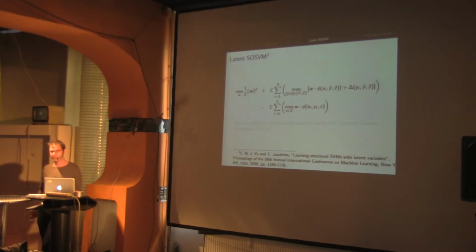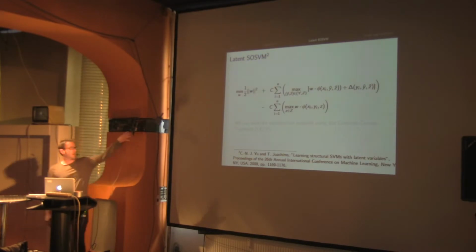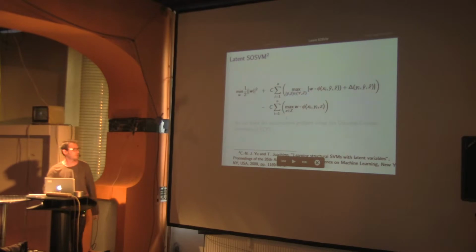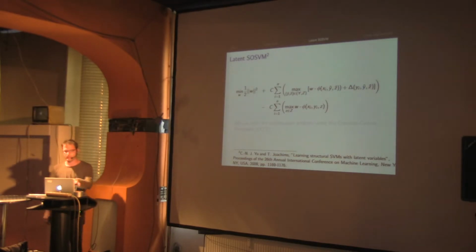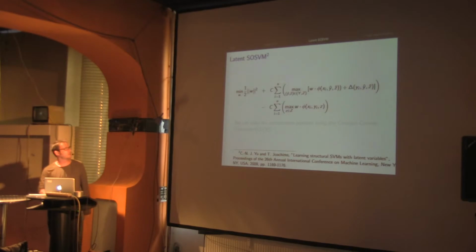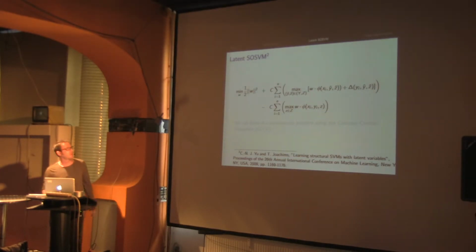So then let's jump straight to latent SOSVM. This is how it's defined by this paper, by a student of Joachims. SVM light everybody knows, I guess. What you see here is an unconstrained primal objective, which is basically two convex functions subtracted from each other.